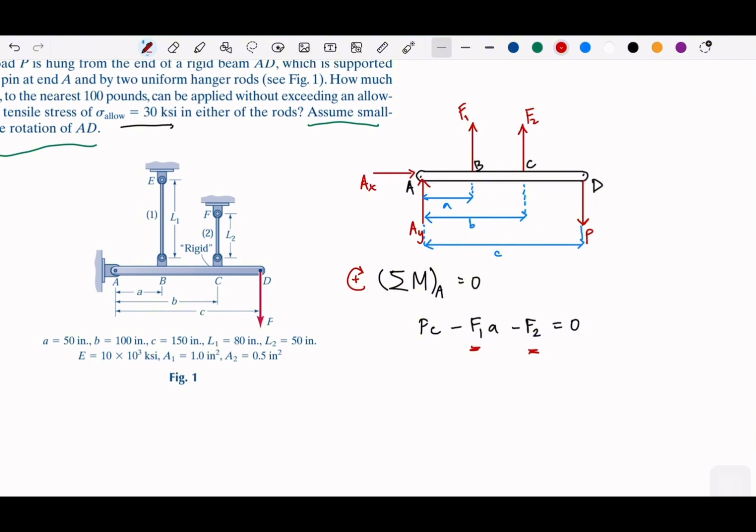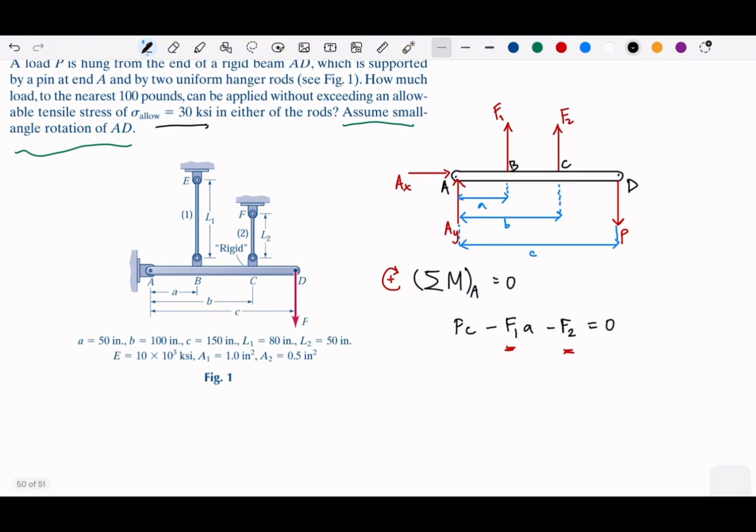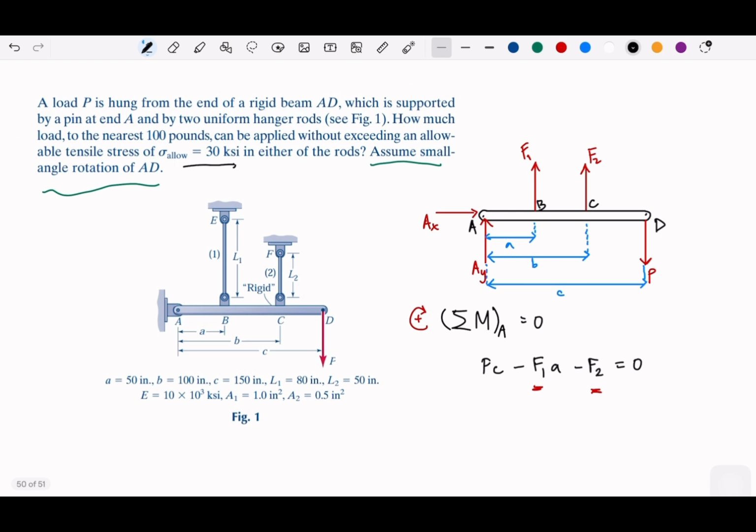And then we could write also that since the hanger, the L1 and L2, suppose that these two are going to be extended.